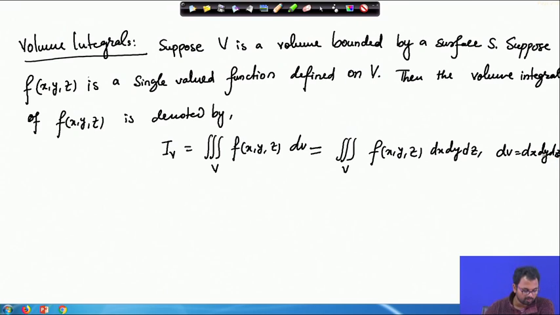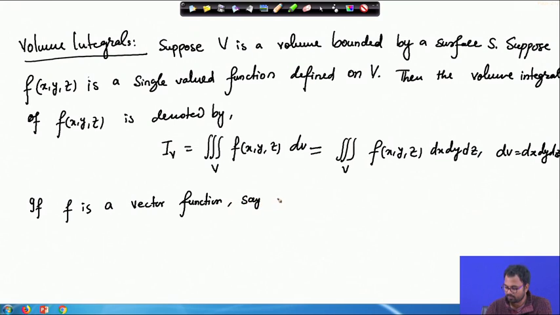This is the required volume element. And if f is a vector function, say capital F, then I_V is the integral of capital F dV.